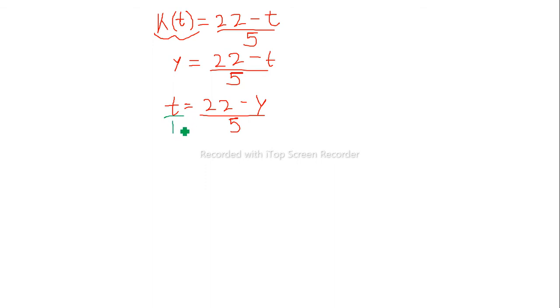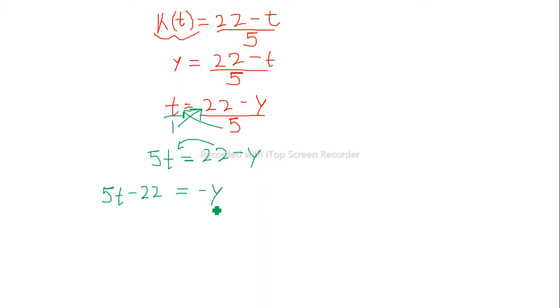What is 5 times t? 5t. 5t equals 22 minus y. Now we send the 22 to the other side, so we're left with 5t minus 22 is equal to negative y.